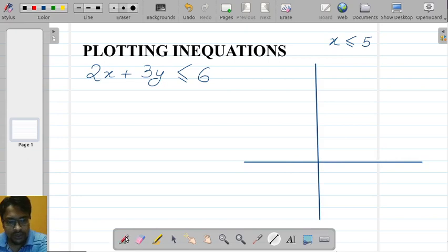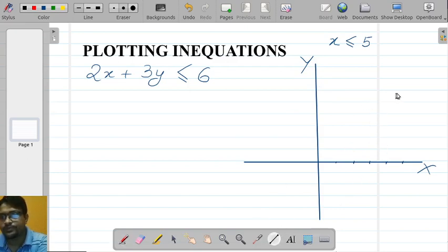Say this is your x-axis, this is your y-axis. Okay, x less than or equal to 5. So let me mark some points here: 1, 2, 3, 4, 5.